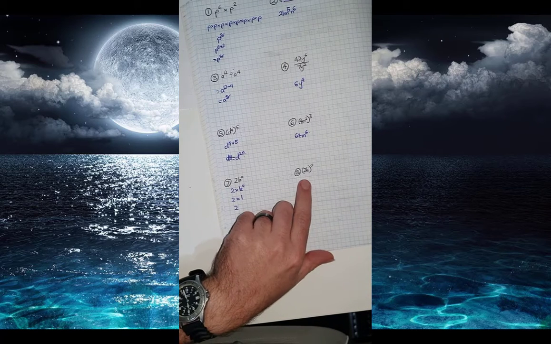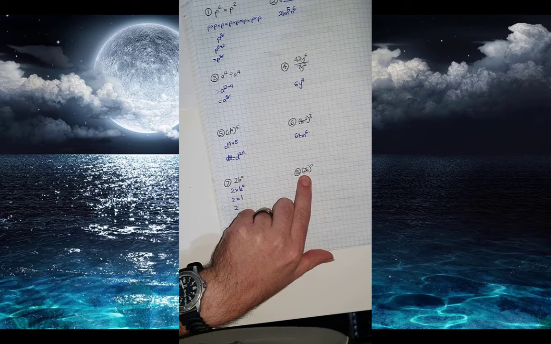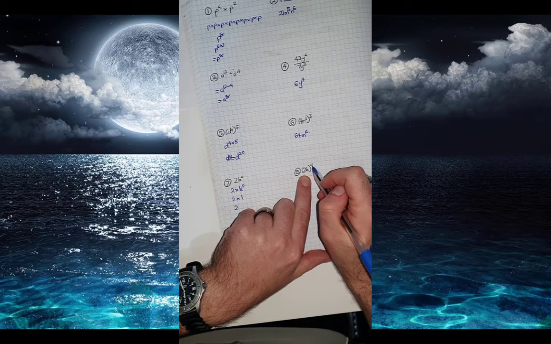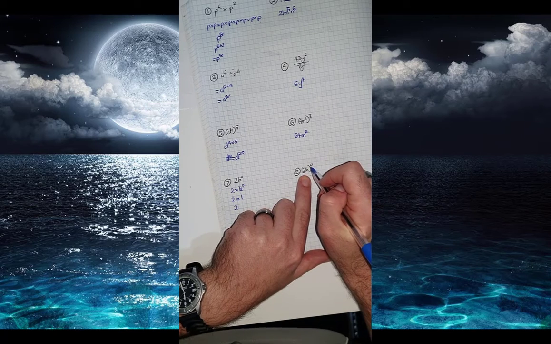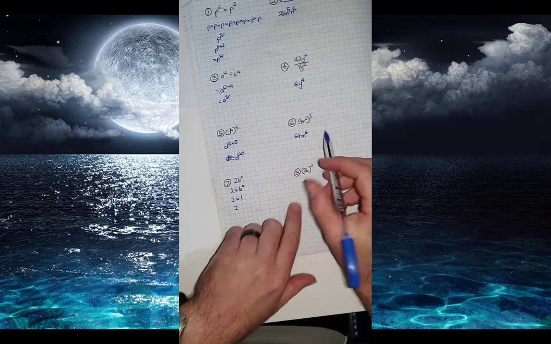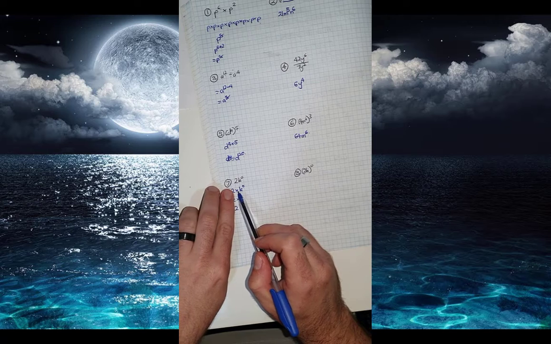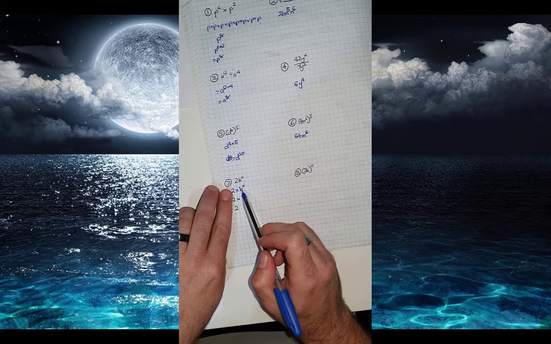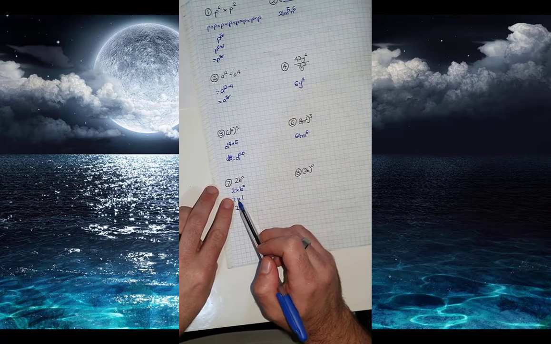Coming over here, we've got 2k in brackets, to the power of 0. Now, anything to the power of 0 equals 1. So the 2 is actually separated from this pronumeral, which is making this 2 times 1.